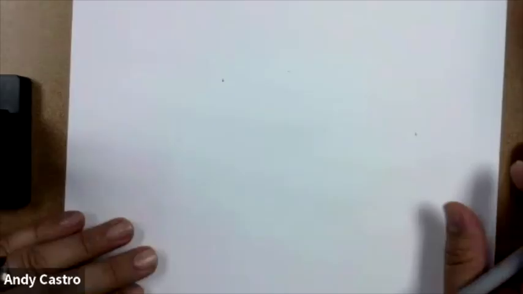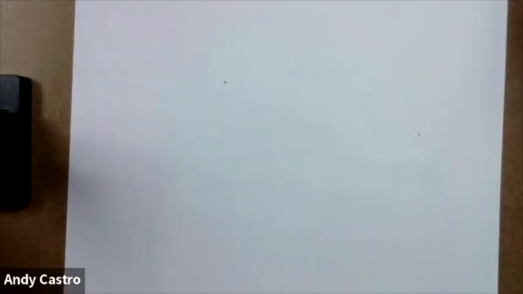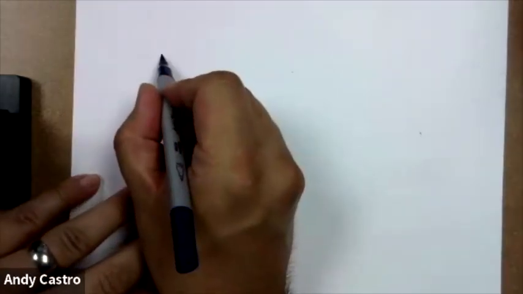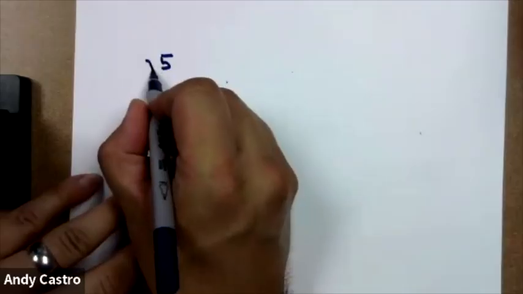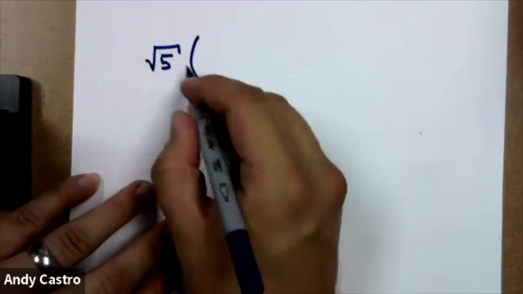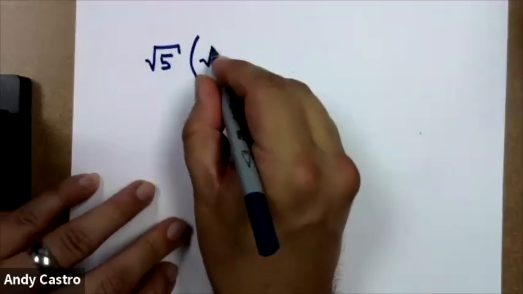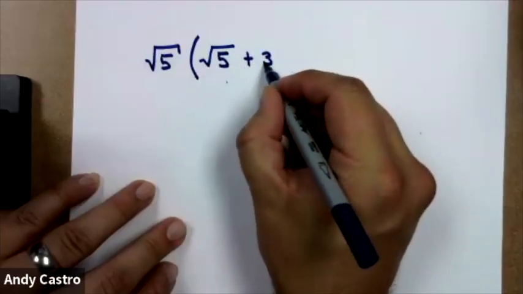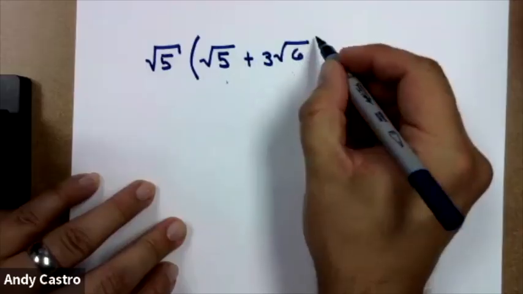Now let's look at a little bit of multiplication in this case. Okay. What do we do in the situation where we would have root 5 times the quantity root 5 plus 3 root 6?